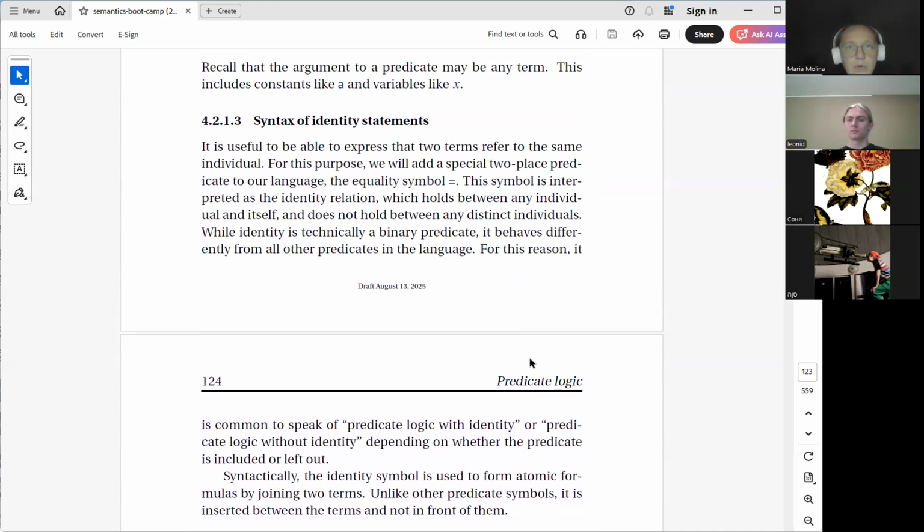Now, if 2 terms refer to the same individual, for example, we can call Lyonya a linguist, right? And linguist, let's say it's a name, okay? They both refer to Lyonya, to this person sitting over there, looking at me through Zoom.